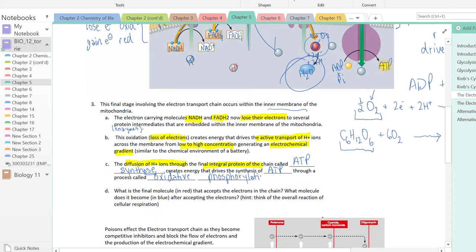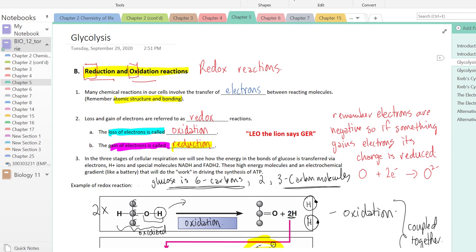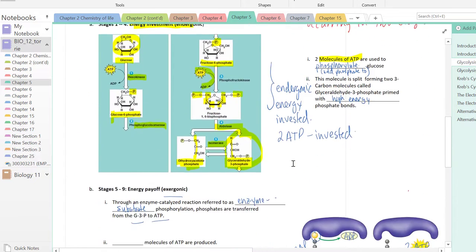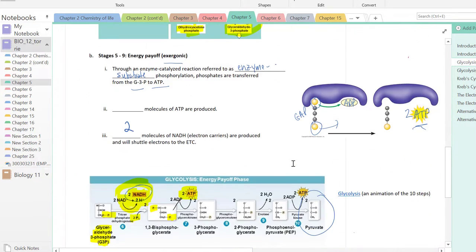And this is an important distinction here because the energy driving the process is coming from that loss of electrons. And it's important to distinguish that from back in glycolysis, if we go back to our notes in glycolysis, where we talked about enzyme substrate phosphorylation. So remember what was causing the phosphate to be added in the formation of ATP in glycolysis?